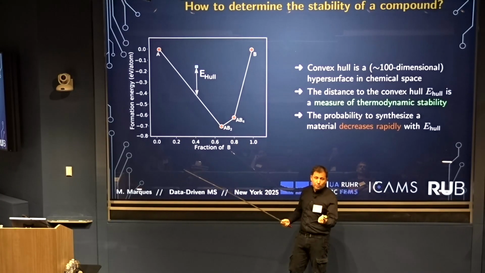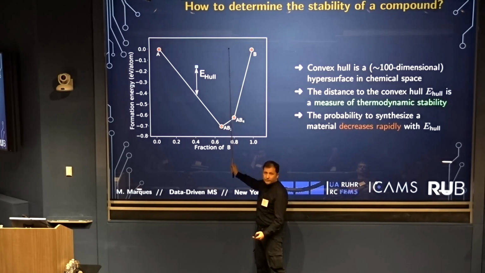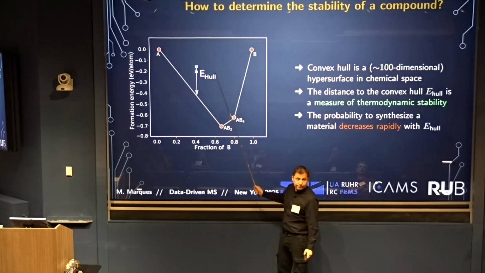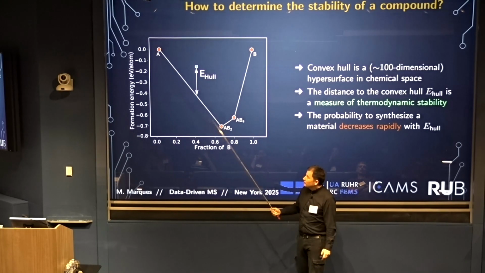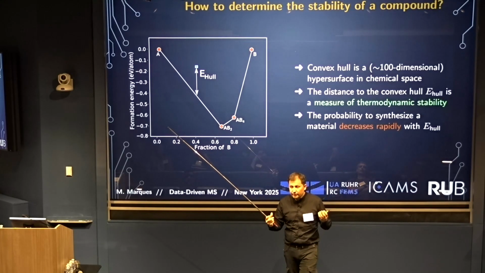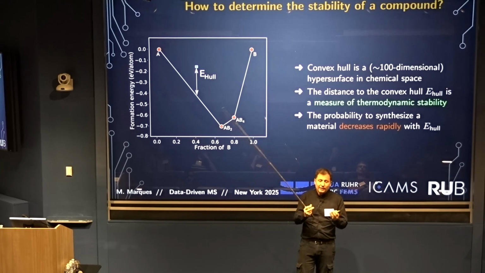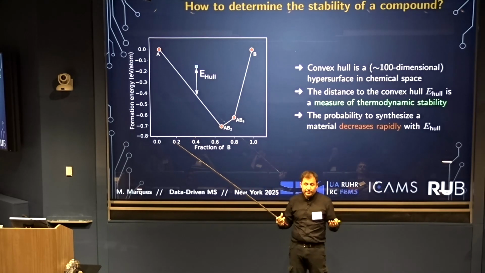For each composition, that gives you the X coordinate. For each crystal structure, you will have an energy, so you'll have points here. Now, if you have a mixture of two substances, the energy of the mixture is the linear combination of both energies, so it's straight lines.